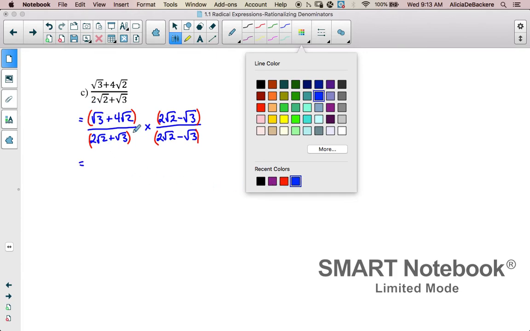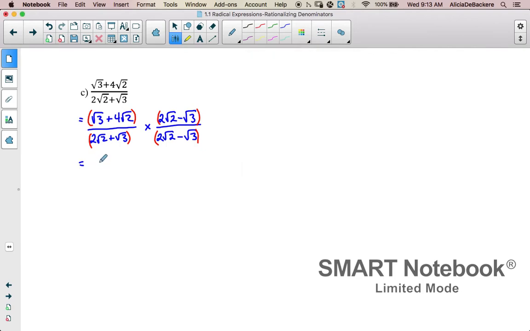So I've got root 3 times both of the terms in the numerator. And then I've got 4 root 2 times both of the terms in the numerator.